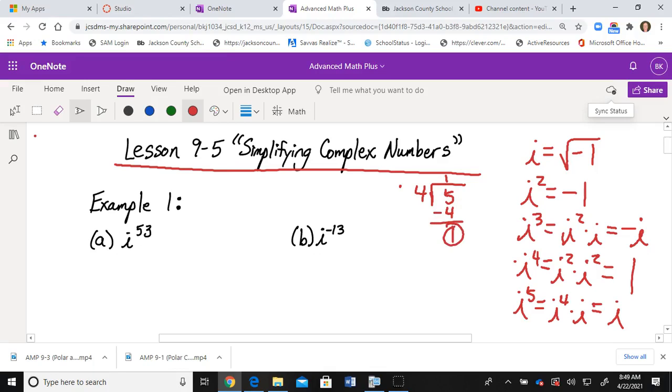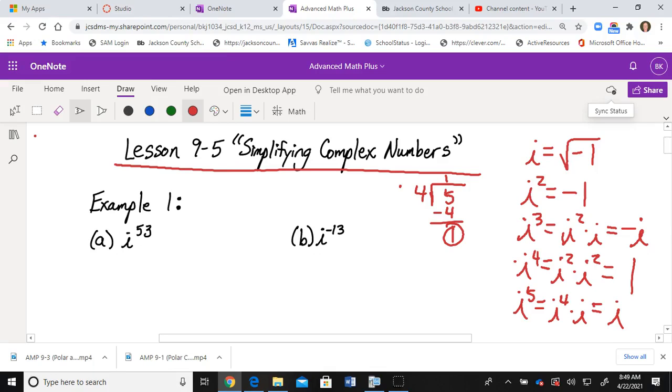If you have a remainder of 1, i is your answer. If you have a remainder of 2, -1 is your answer. If you have a remainder of 3, -i will be your answer. If you have a remainder of 4, you don't have a remainder, and you're back to 1.